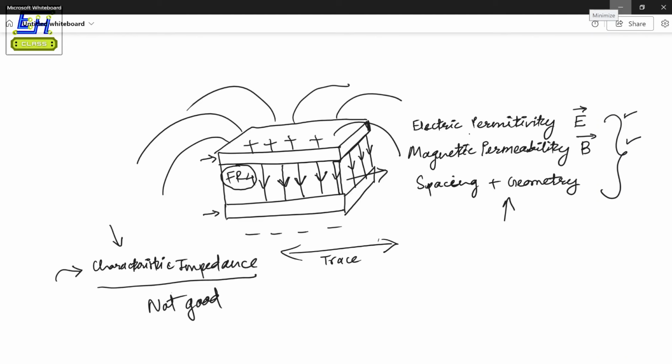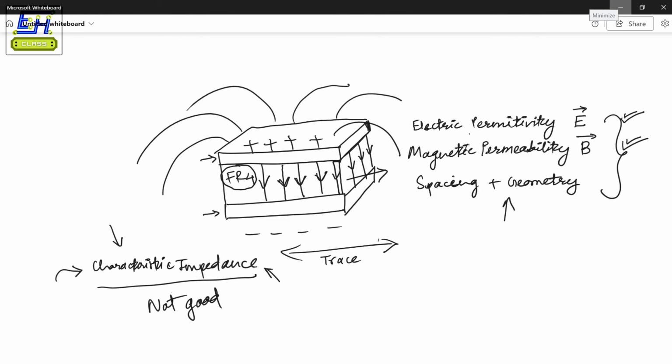There you need to be careful about characteristic impedance. This thing is really important. And when you see disturbances in any of these physical things that we just saw, electric permittivity, magnetic permeability, spacing, and geometry, if any of this changes, we'll actually see this characteristic impedance changing.